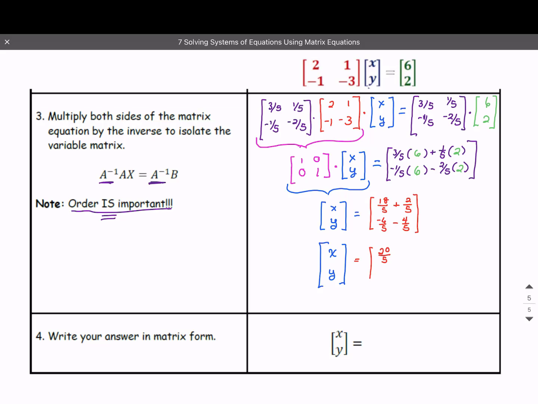And 20 over 5, by the way, 20 divided by 5 is 4. And then on the bottom here, we have negative 6/5 minus 4/5. That's negative 10/5. And negative 10 divided by 5 is negative 2. And we now have our solution to the system of equations. We know that x is 4 and y is negative 2.